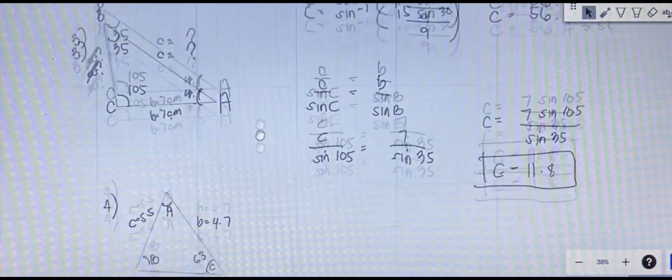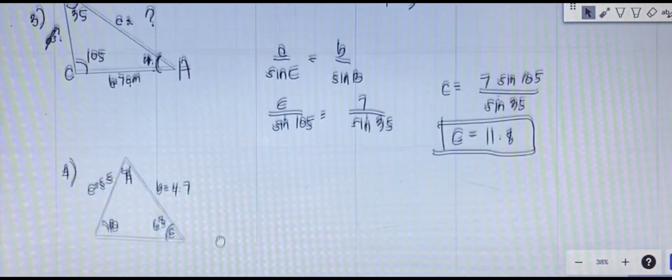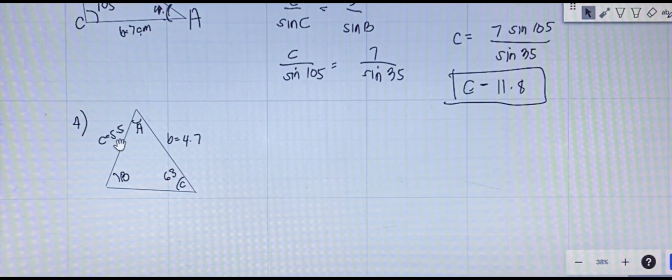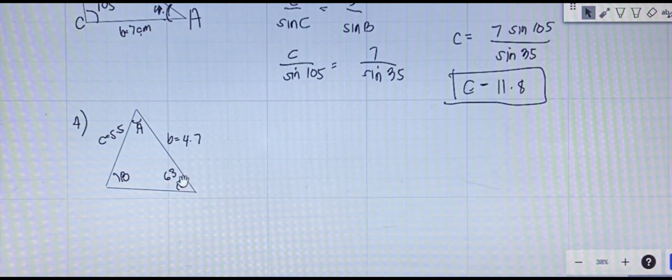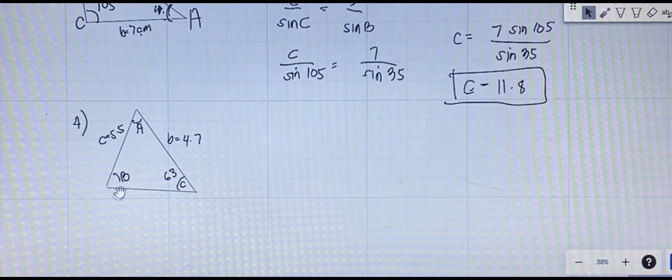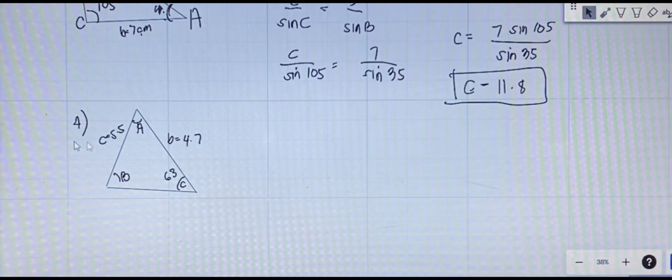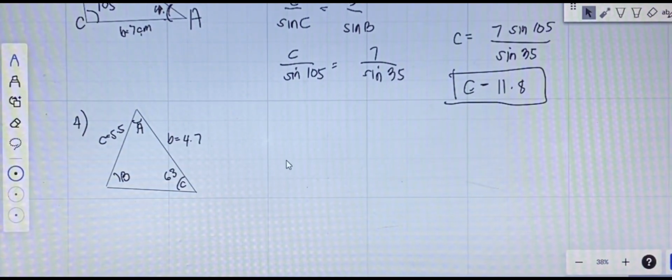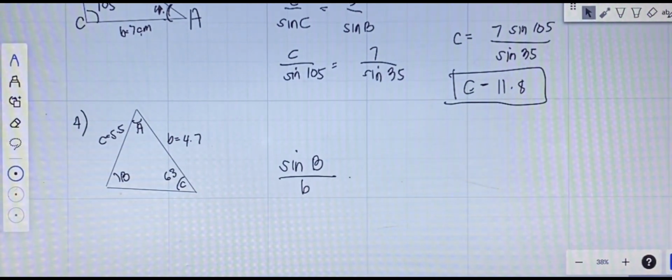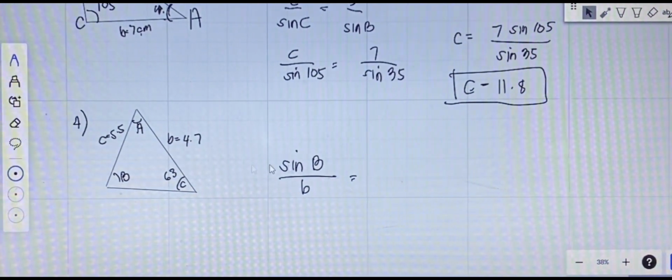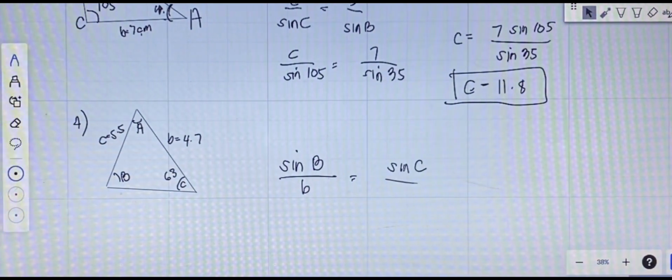Now let's continue and have number 4. Okay, the last example, we have this 5.5, this is 4.7, angle 63. We're looking for an angle, and that is B. So since we're looking for B, I'm going to put sine B over the small b, equal to sine C over c.